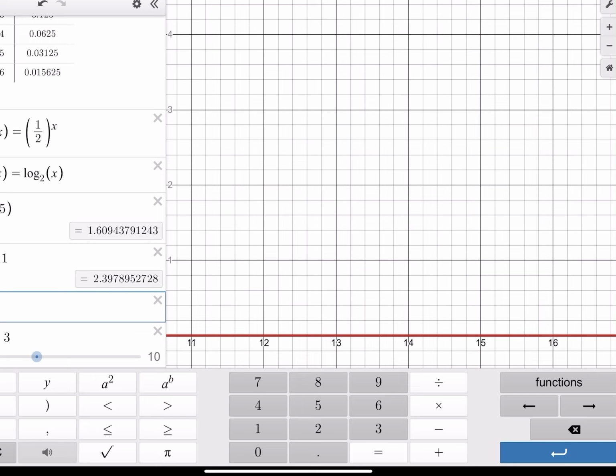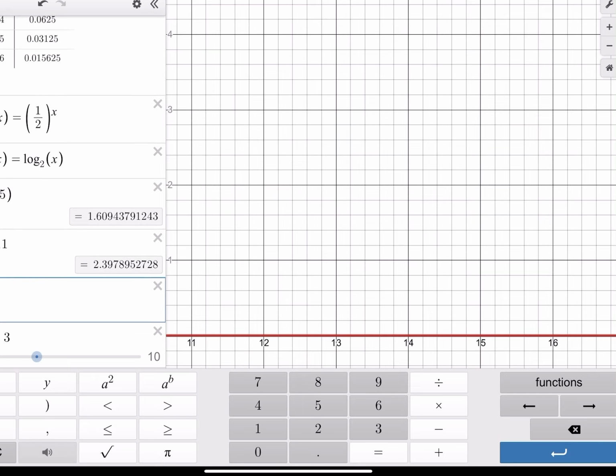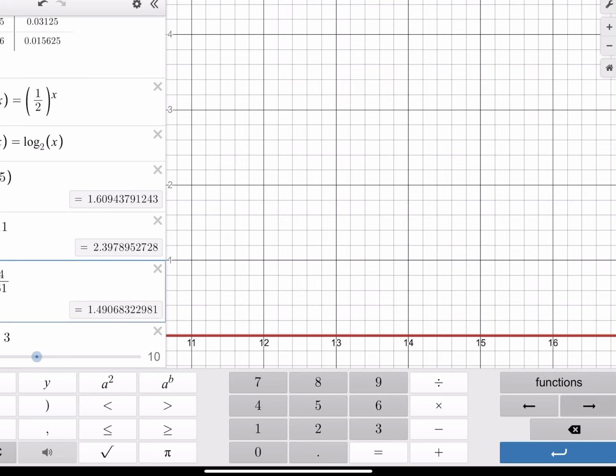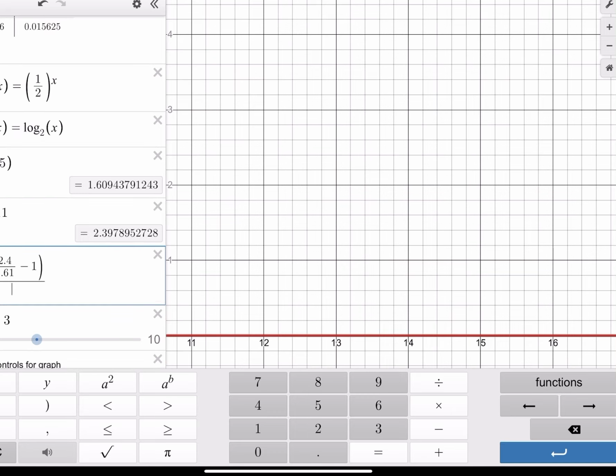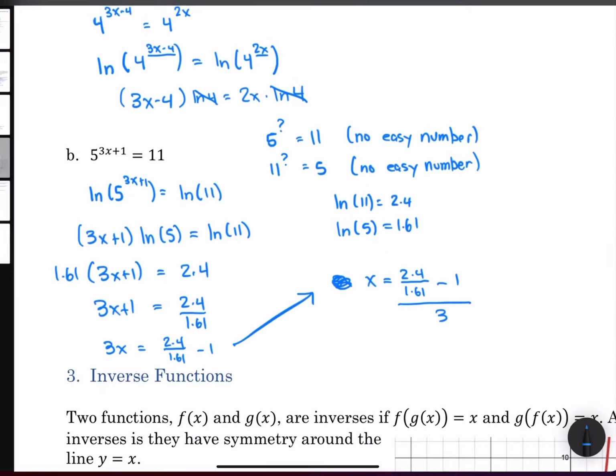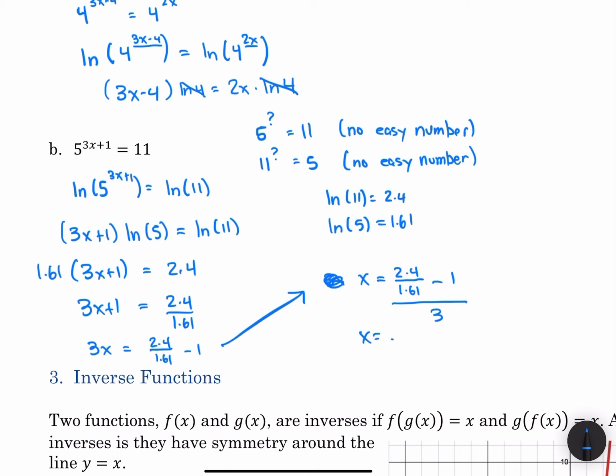So we have the fraction first: 2.4 divided by 1.61 minus 1. And parenthetically, this all needs to be then divided by 3. So that's 0.164. So x equals 0.164. Cool.